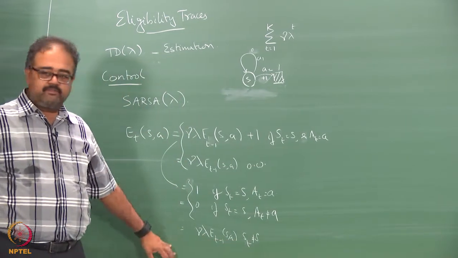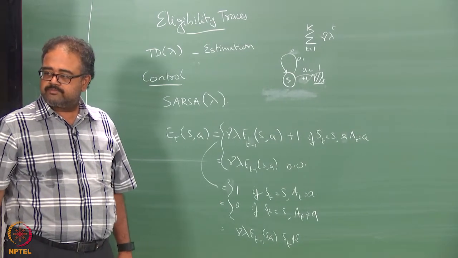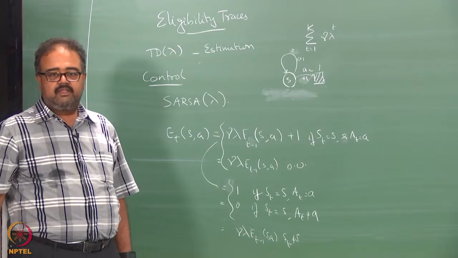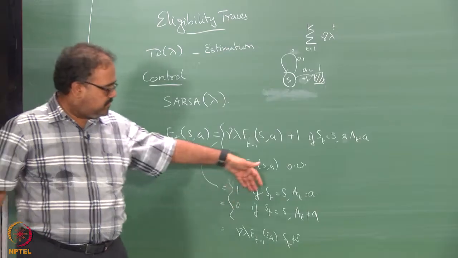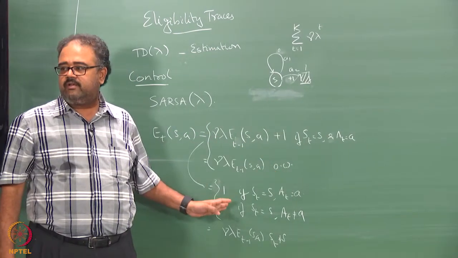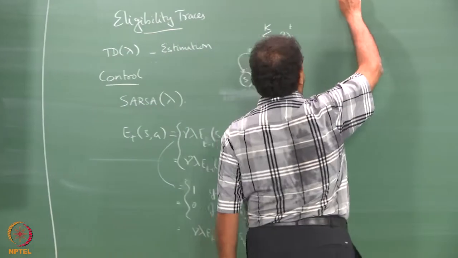So this is a special case of replacing traces. You could do the regular replacing trace also, wherein you would have decayed the value for all the other actions. This is one aggressive case of replacing traces. So wherever you come back to a state, for that action you set the trace to 1, for the other actions you set the trace to 0.